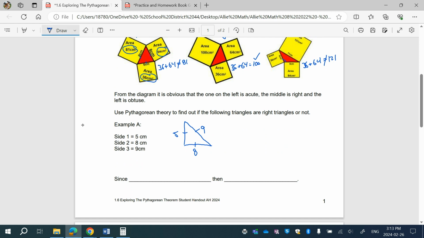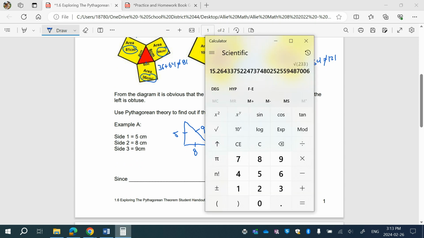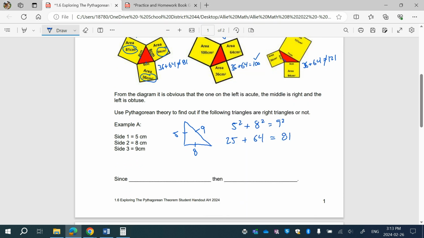So if it is, then 5 squared plus 8 squared will equal 9 squared. So 25 plus 64 should equal 81. And does that equal 81? Well, doesn't look like it. 25 plus 64 equals 89, my bad.